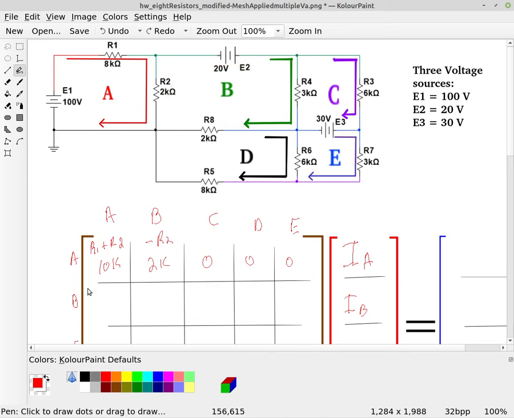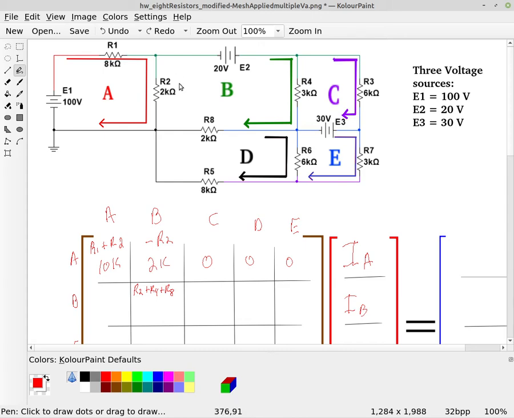So that is going to be R2 plus R4 plus R8. Notice that we do that in the column that matches the B. So we add up all the resistors touching this loop and put them in this matrix spot.